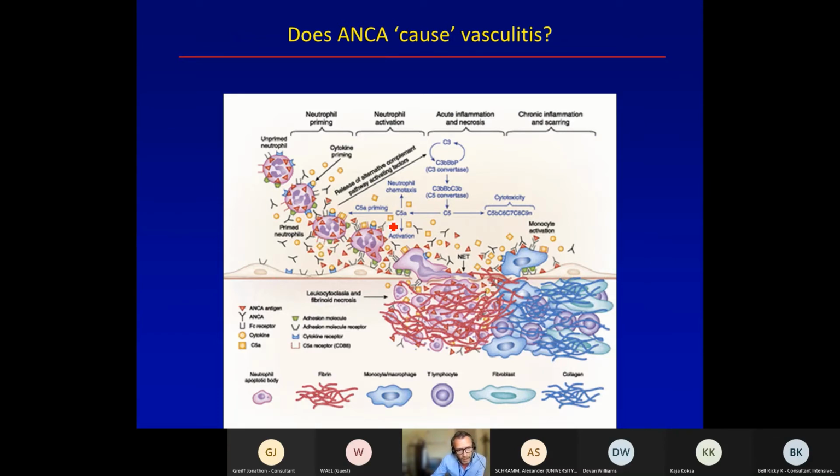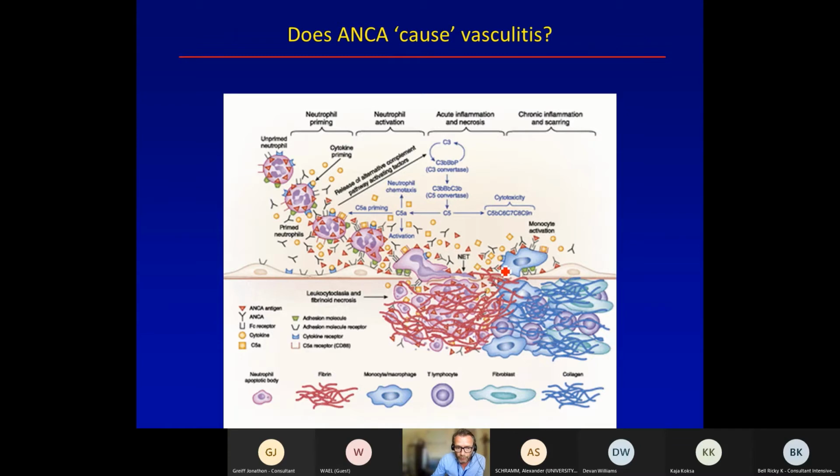You then get complement activation. C5a is produced. That further primes the neutrophils, causes them to activate, and they translocate to the endothelium and across the endothelium. You end up with fibrinoid necrosis within the wall of the blood vessel.